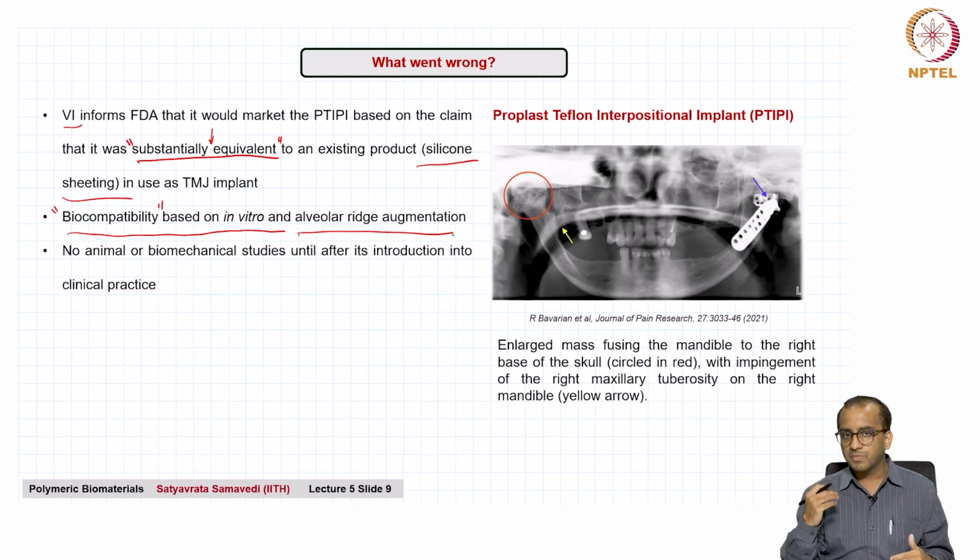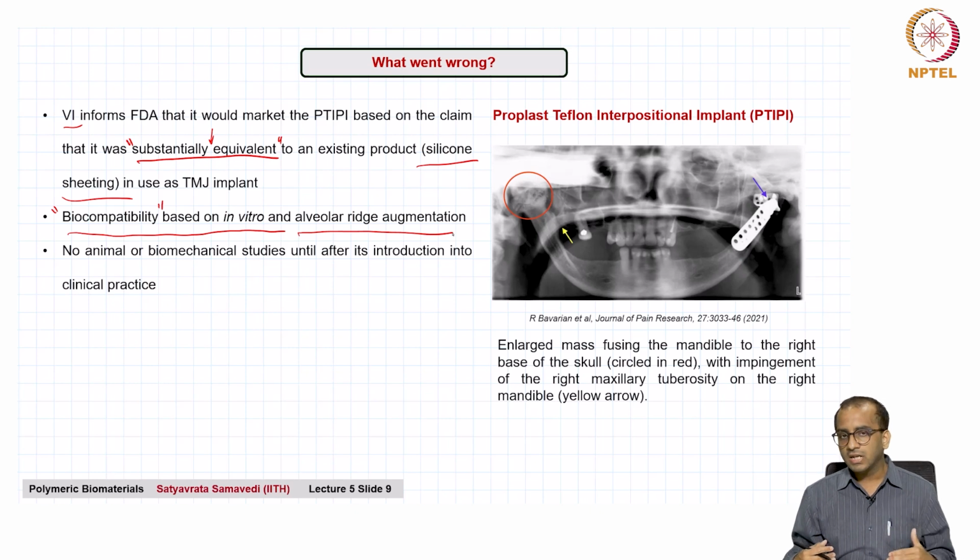Although that also happens in the mouth, that's a very different procedure and a very different type of tissue, etc., compared to the TMJ. So if you actually wanted to show substantial equivalence, this was probably not the way to go about it. So it was a combination of factors, right from the substantial equivalence not being related to the type of polymer, the processing, and not even the correct kind of application.